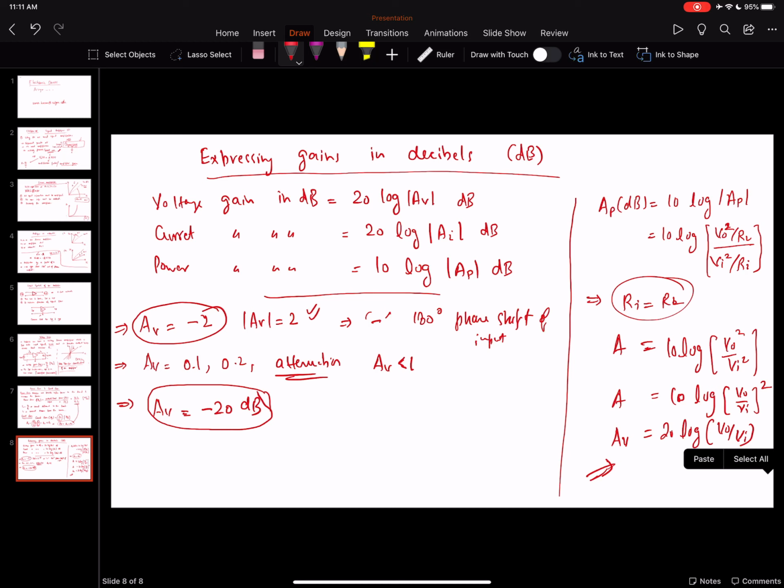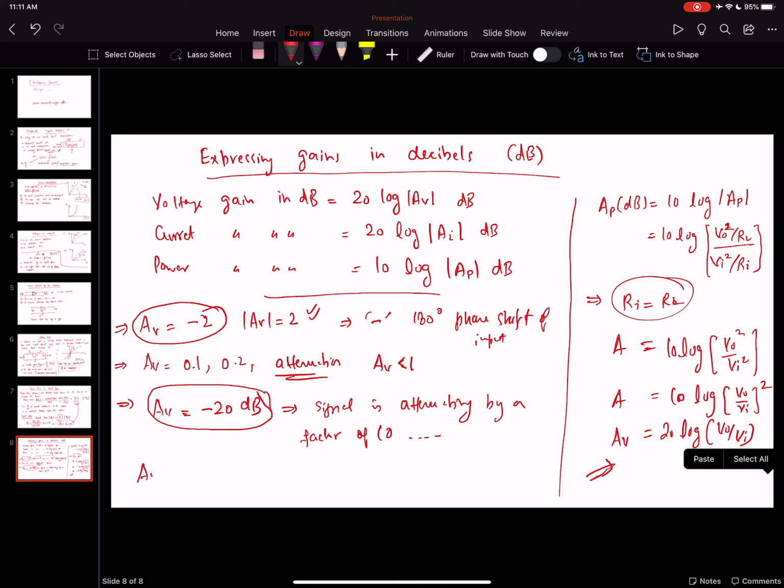For example, if your voltage gain is -20 dB, this means the signal is attenuating by a factor of 10. So let's prove it.